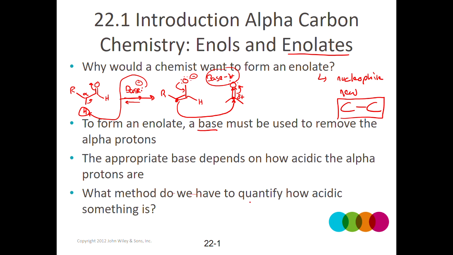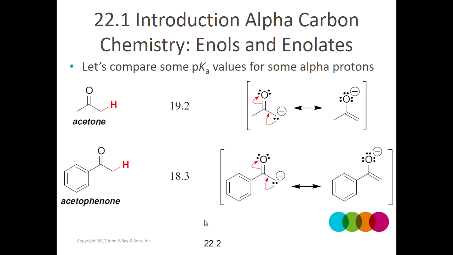So what method do we have to quantify the strengths of acids and bases? We use pKa. Let's take a look at some of these pKa values. Here are a couple of compounds. They each have alpha carbons and alpha hydrogens. If the base were to remove one of these protons, it would produce an enolate, which could act as a nucleophile.